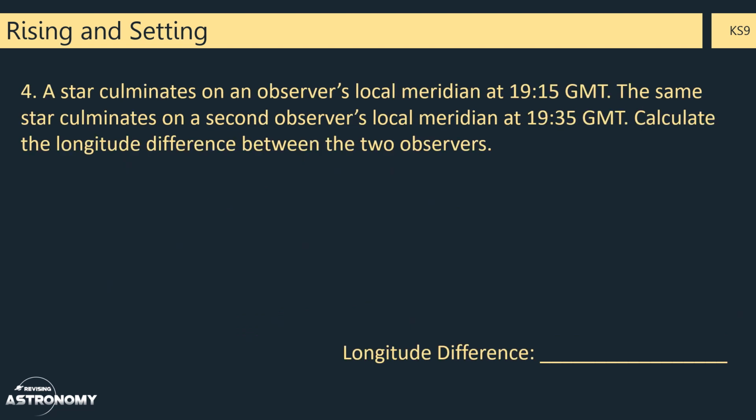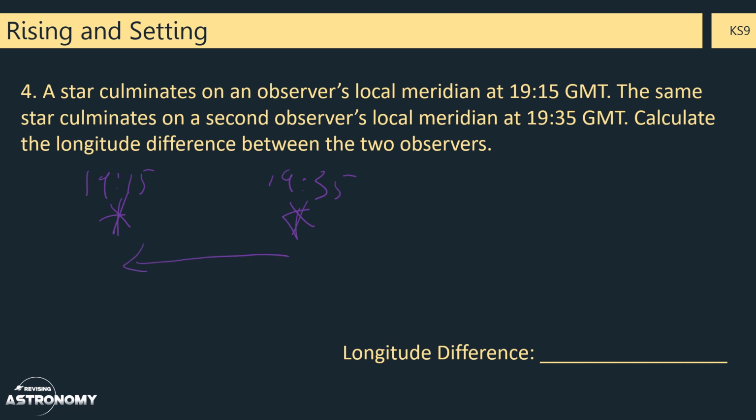Okay, next one. A star culminates on the observer's local meridian at 7:15 in the evening. So we've got one observer observing the star culminating at its highest point at 7:15, whereas the same star culminates on a second observer's local meridian at 19:35. Can I calculate the longitude difference between the two observers?